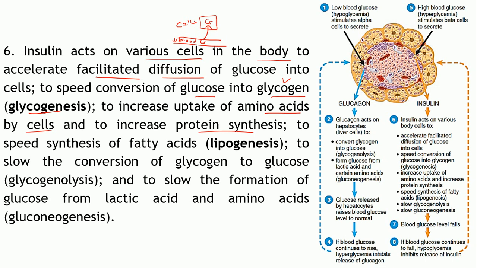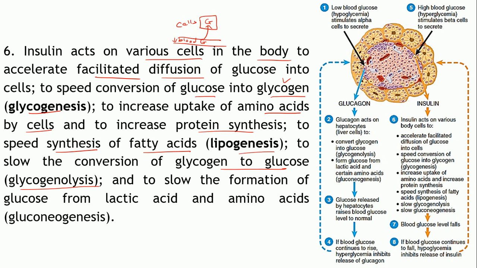Another action is to slow the conversion of glycogen to glucose, that is glycogenolysis. This process is also slowed down. Okay, breakdown of the glycogen is slowed down. Also it increases the synthesis of fatty acids.